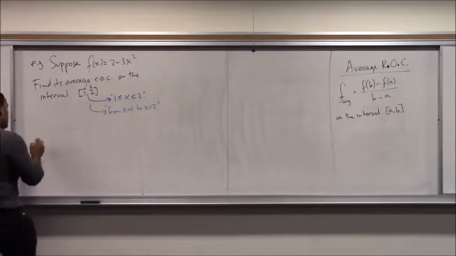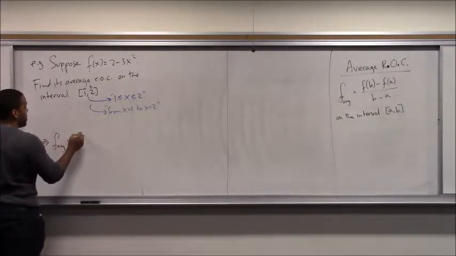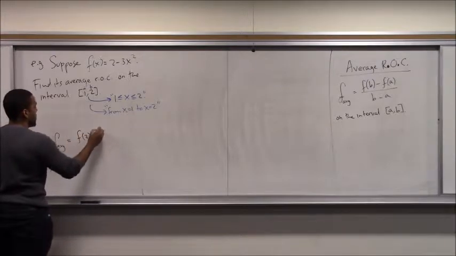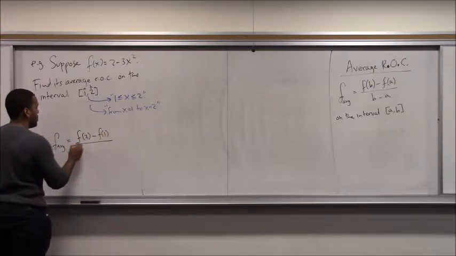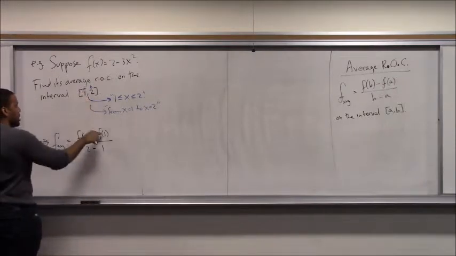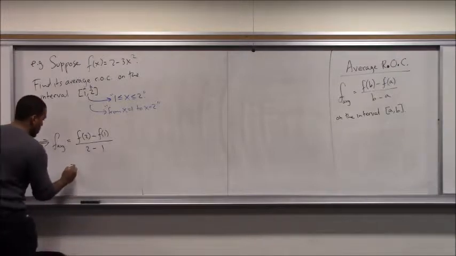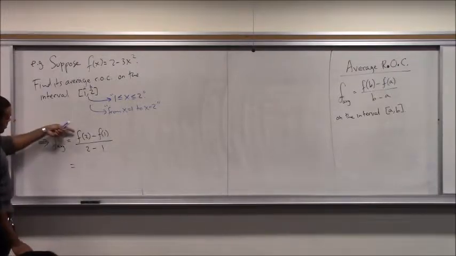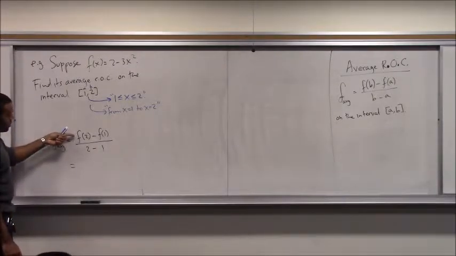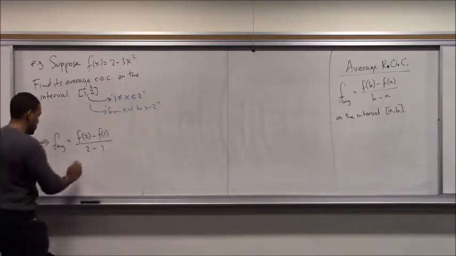So since there's not much to do here, let's just jump into it. The average rate of change they're looking for is going to be f of 2 minus f of 1 divided by 2 minus 1. Take that as b, that is a. f of b minus f of a over b minus a. Now the hardest thing here is to remember that f of 2 means going to f of x, and everywhere you see an x, you plug in a 2.